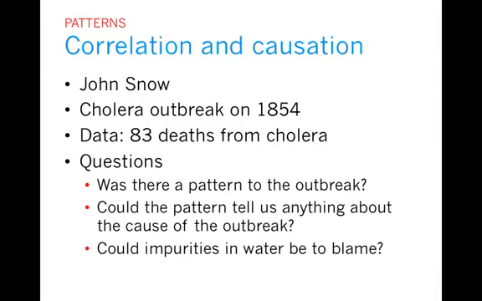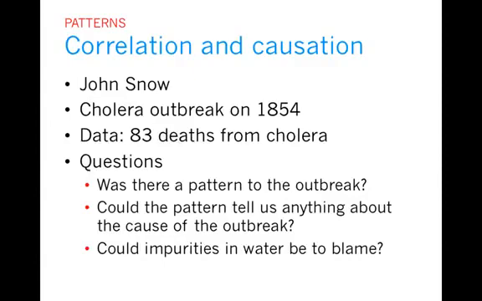In this example, John Snow was puzzled by the outbreak of cholera in 1854, and there were 83 death cases from this particular disease in London. The question he was puzzled with was, was there a pattern to the outbreak?